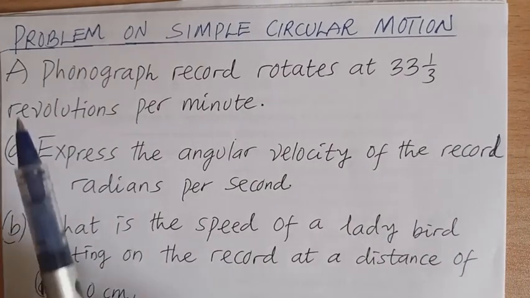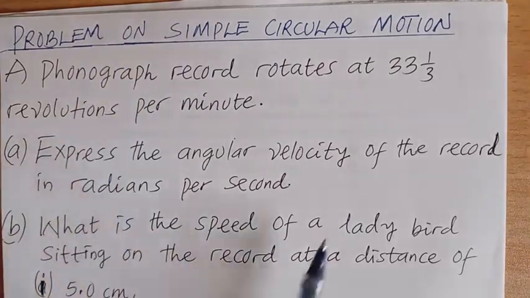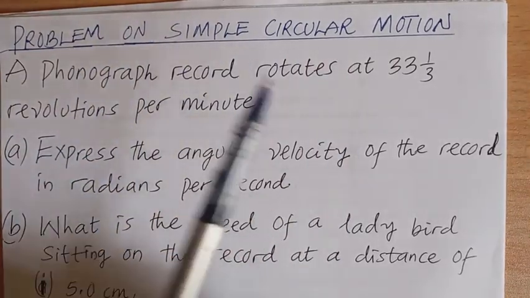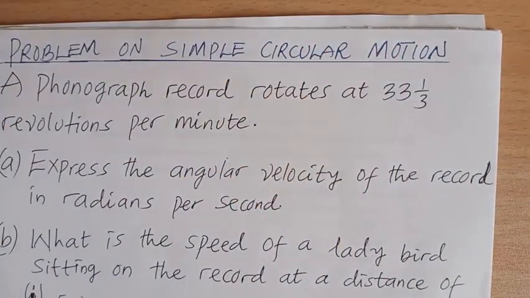First of all, a phonograph record is a circular material and it is rotating, and that is why it is involved in the study of simple circular motion. We apply the physics of circular motion to the phonograph record.